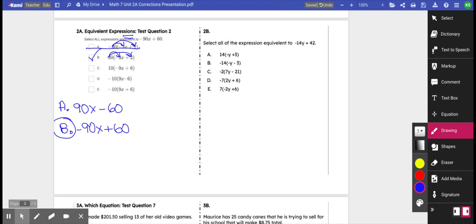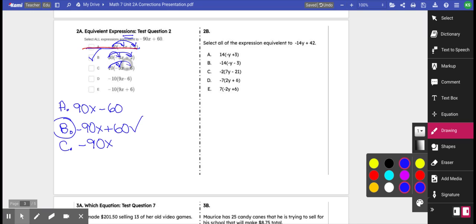B is an answer. Okay, let me cross out A in red because that will make it easier so you guys see it. Okay, so let's look at C. So again, we have to distribute. So that one worked. So we distribute 10 times negative 9x, which is negative 90x.